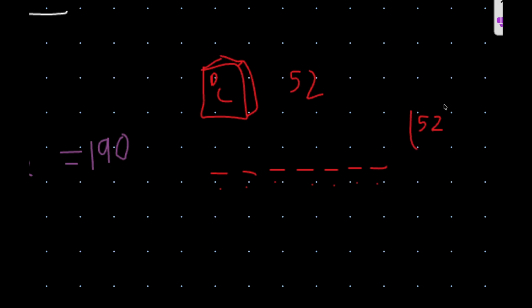And another notation for combinations is this, n choose R. 52 choose 7, or 52 factorial over 52 minus 7, which is 45 factorial, times 7 factorial.